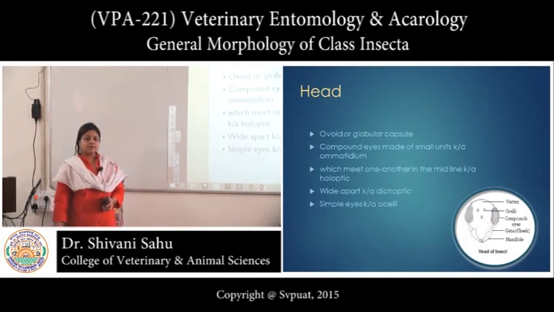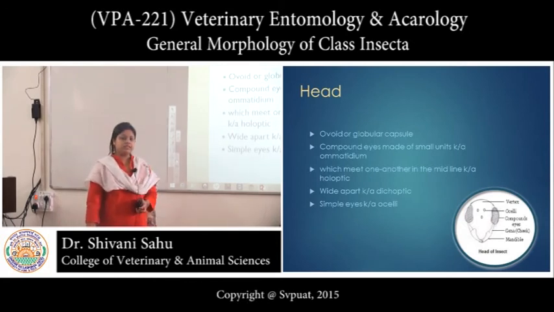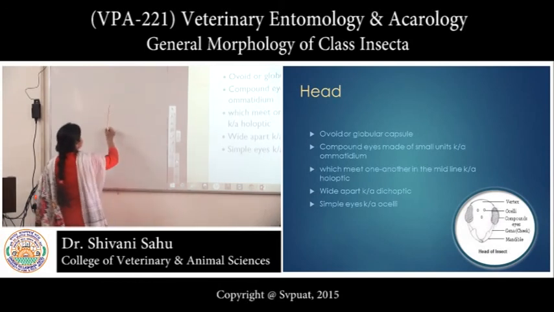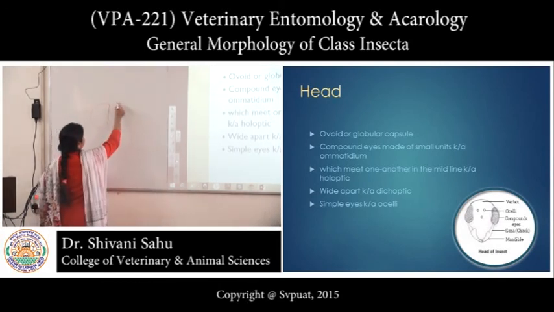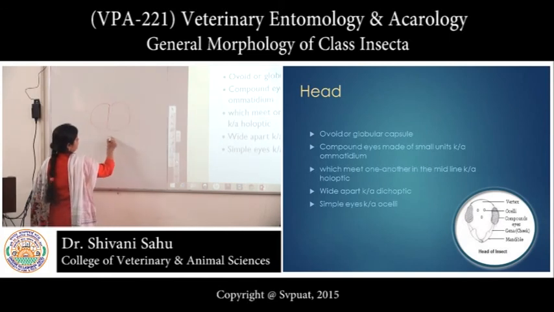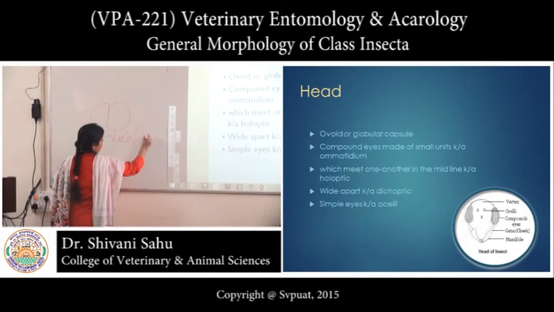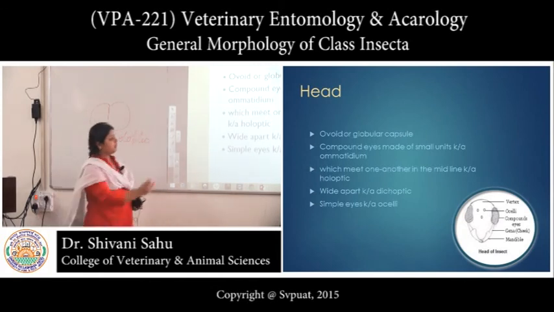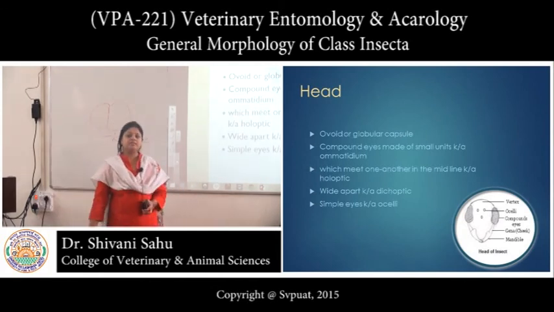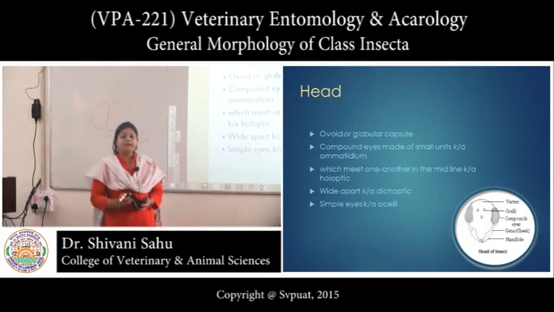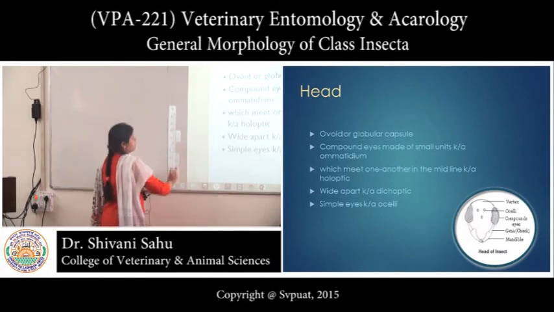It has eyes which are laterally placed over the cheeks, known as compound eyes, which are made up of small units known as ommatidia. If these eyes meet each other in the midline, they are known as holoptic, and as shown in the figure, if they are wide apart, known as dichoptic. Sometimes simple eyes are also present, known as ocelli.